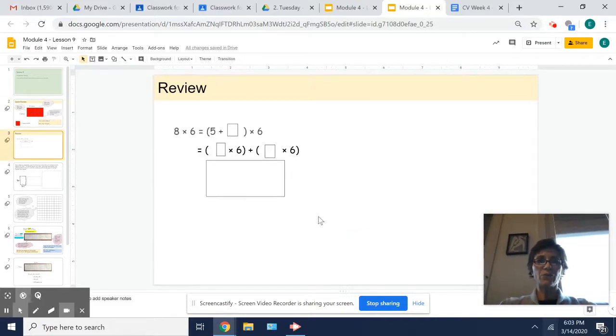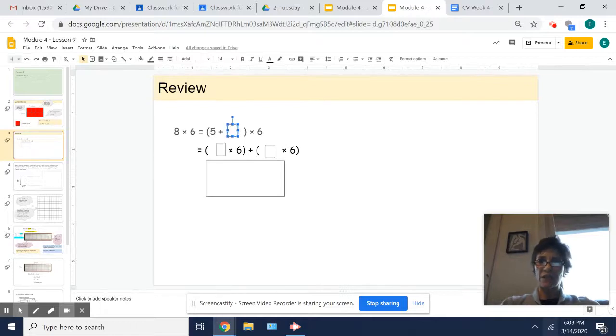Okay, let's also do a quick review of the distributive property. In multiplication, we have 8 times 6. Let's say we don't know this multiplication. We can break apart the 8 into 5 plus 3. So we have 5 plus 3 times 6, and we break it apart.